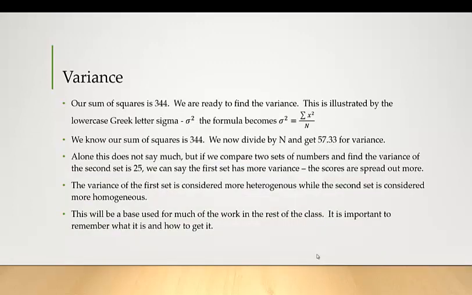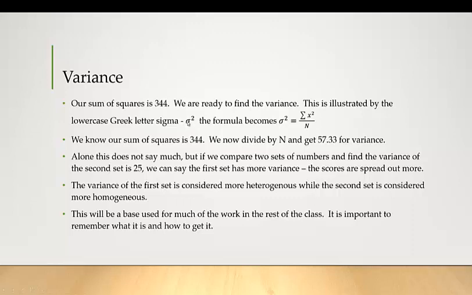The next step then is to divide by our total number. So let's look at this first bullet here. Our sum of squares is 344. We're ready to find the variance. Variance is illustrated by the small Greek sigma.